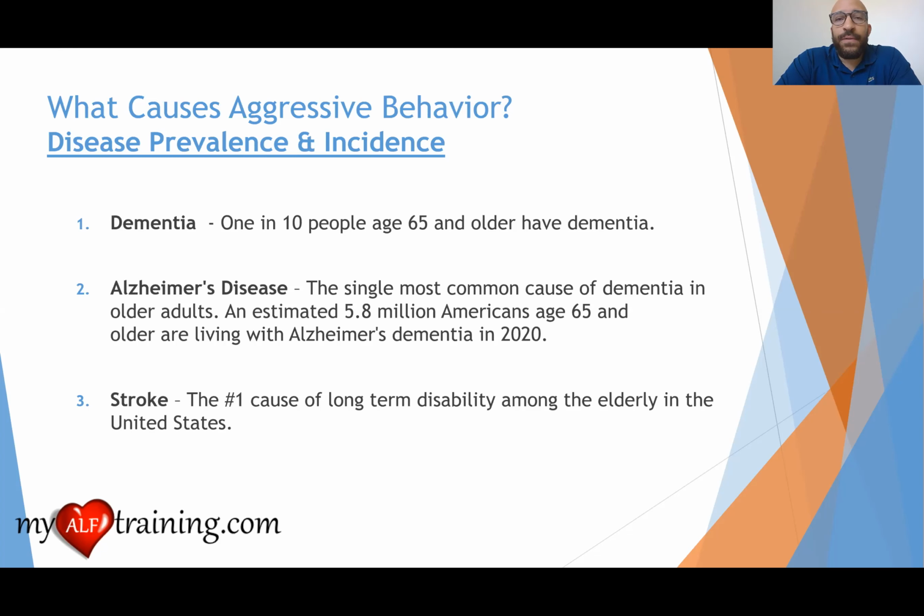Sometimes stroke affects each individual very differently. So dementia, Alzheimer's disease, and stroke are three huge factors in the elderly population that we can identify as root causes of aggressive behavior.